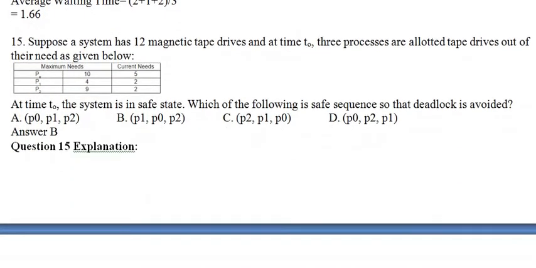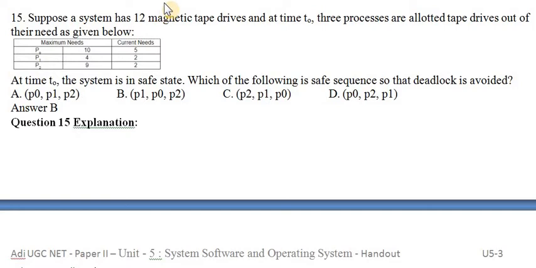Next question: suppose the system has 12 magnetic tape drives, and at time t0, 3 processes are allotted tape drives out of their need as given below. Here we have maximum needs and current allocation for P0, P1 and P2. P0's maximum need is 10, and currently we allotted 5 resources for P0.